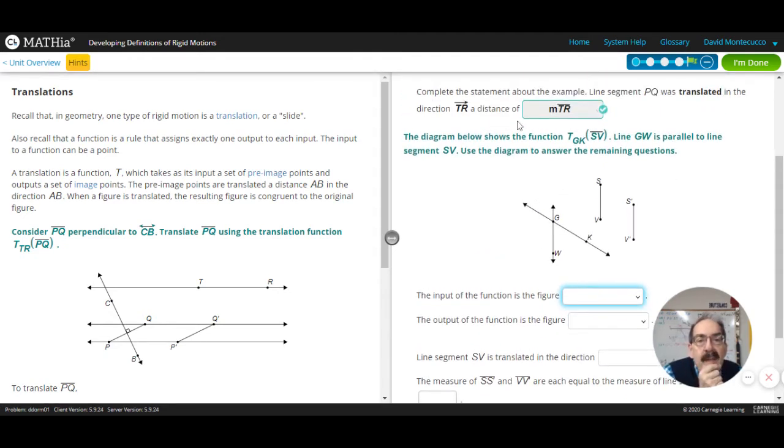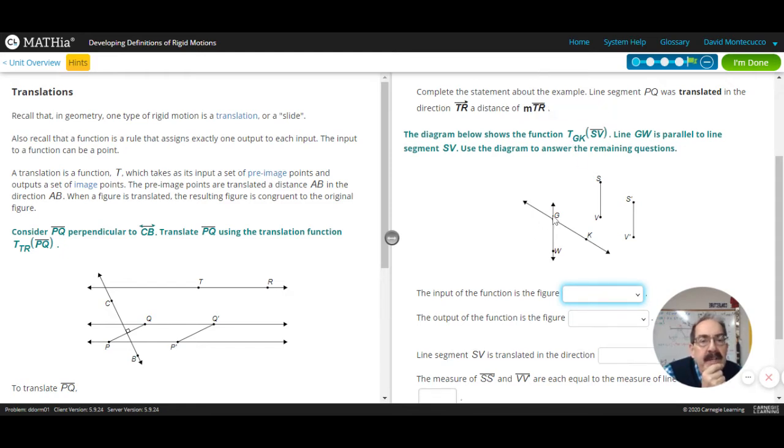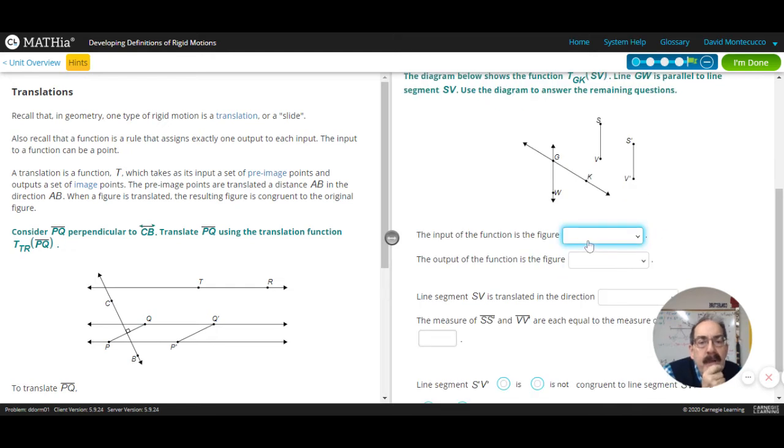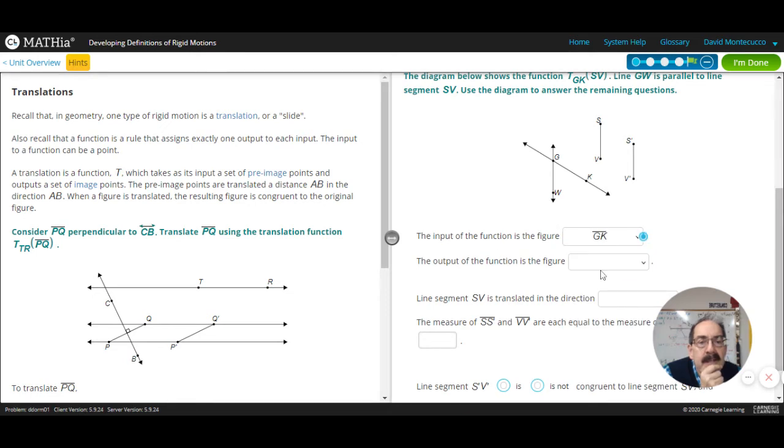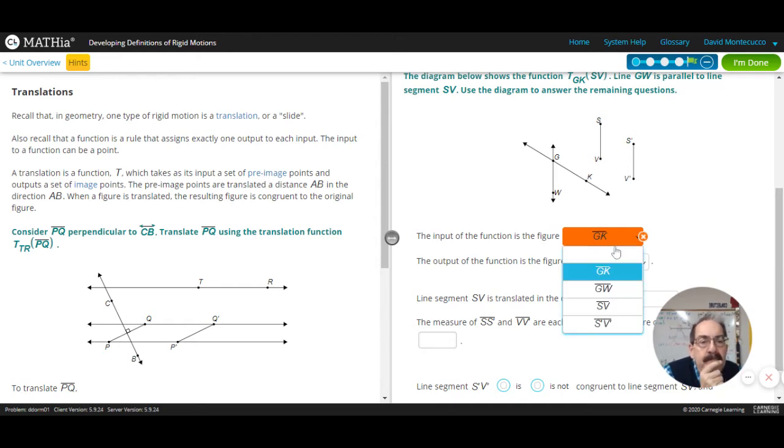Okay. Using the diagram below, show that we translate GK over to SV. Line GW is parallel to the line SV. The input of the function of the figure is GK. That's what we're starting with. Okay, so they're saying the input is right here, SV.